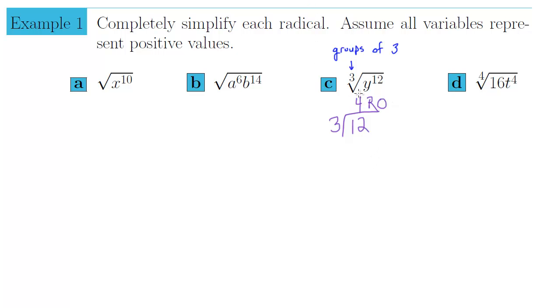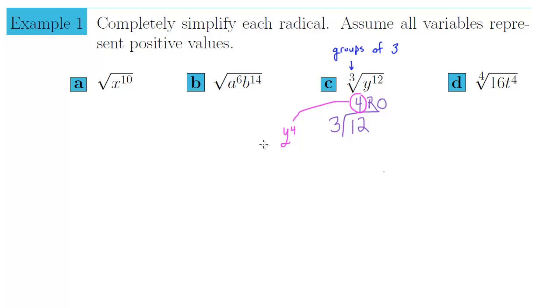This 4 here tells me that I have 4 groups of 3, which means I'm going to get 4 factors of y taken outside of my cube root. This 0 tells me that I have no factors of y left underneath the cube root, which means I don't even need to write the cube root in this case.